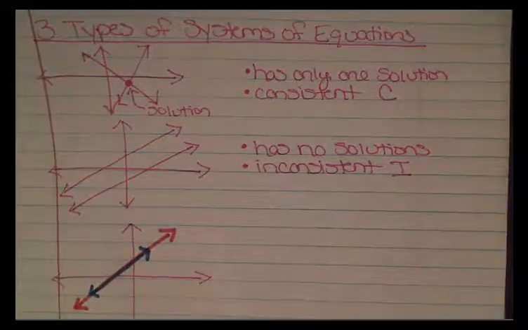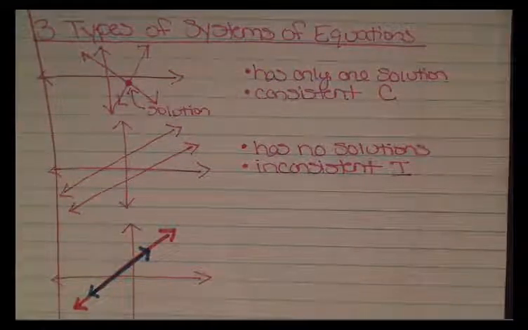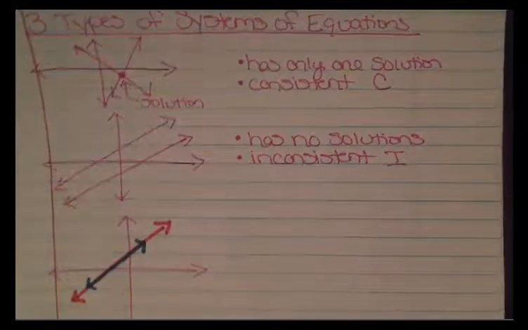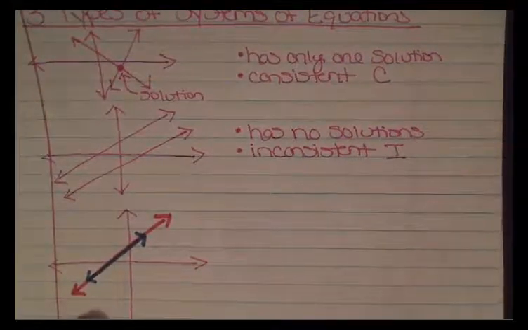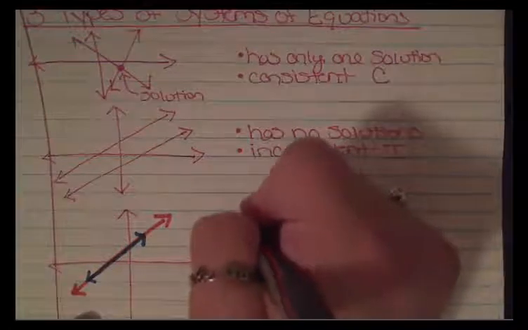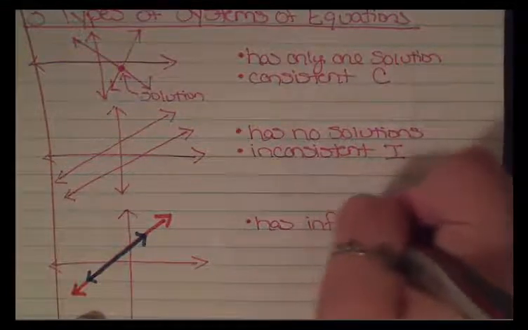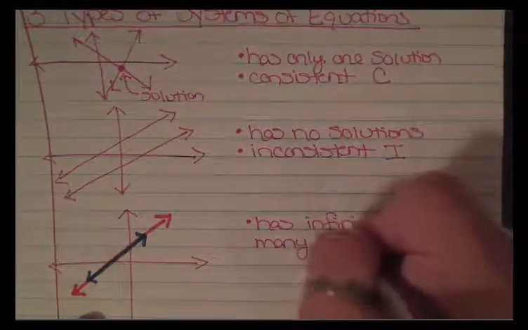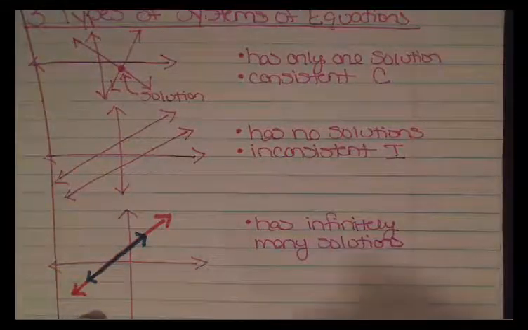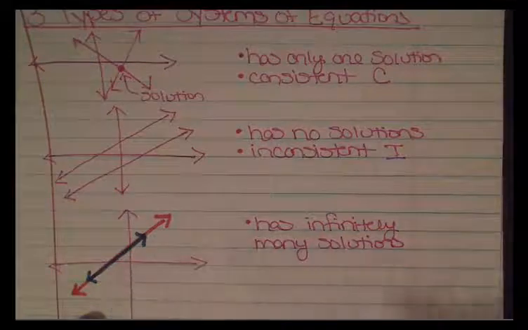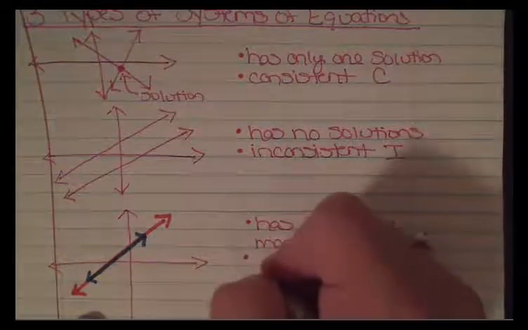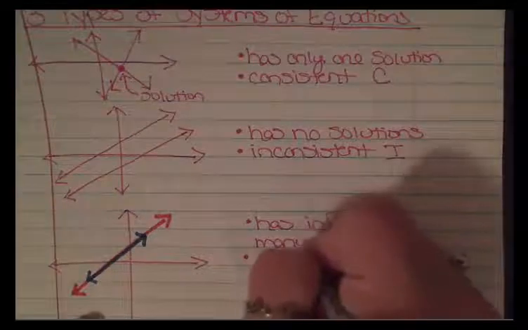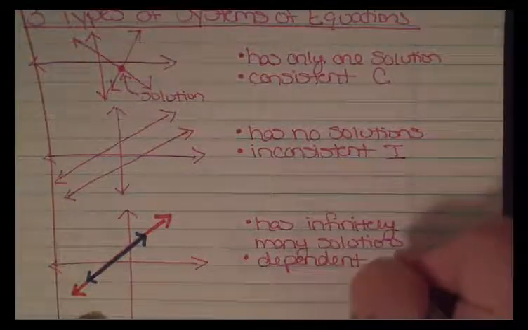So if the blue line lies directly on top of the red line, how many solutions do you think there are? They are going to have infinitely many solutions. These are basically the same line, just on top of each other. These are called dependent. And I will sometimes abbreviate it with just a capital D.